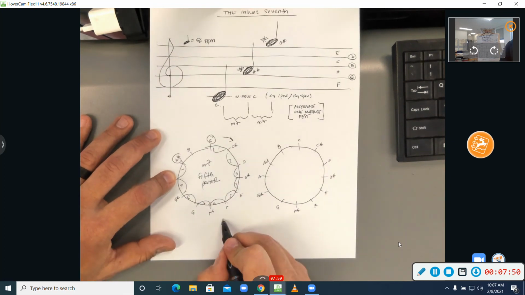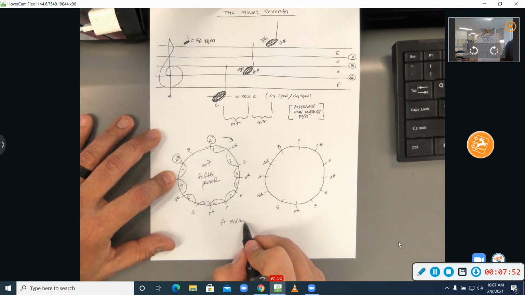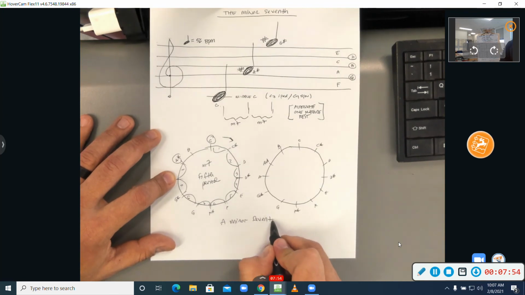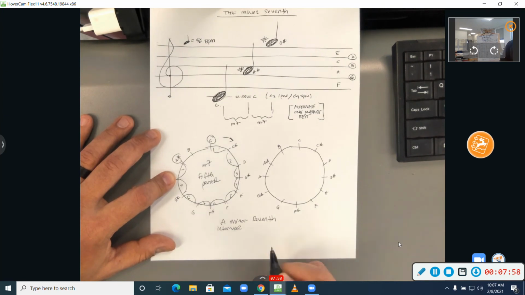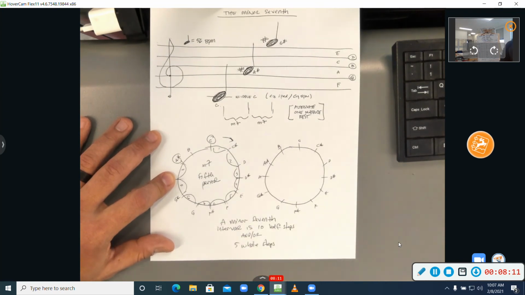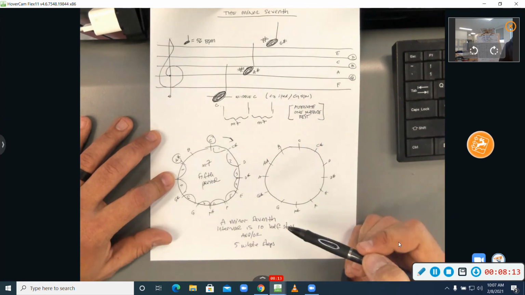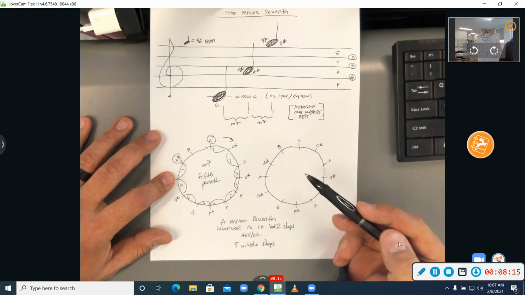And then you're going to say down here that a minor seventh interval is 10 half steps and or 5 whole steps. So by example, again, this week we have stacked on top of each other 2 minor sevenths.